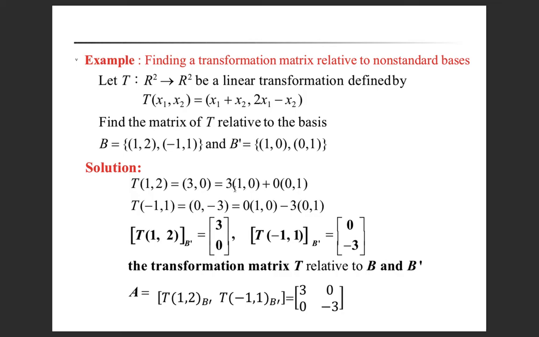Here x into 0 plus y, so it means y is equal to 0. So (3, 0) can be written as 3 into (1, 0) plus 0 into (0, 1). Similarly, T(minus 1, 1) is equal to, we will substitute x1 equal to minus 1 and x2 equal to 1 in the given transformation. So minus 1 plus 1, it is 0.